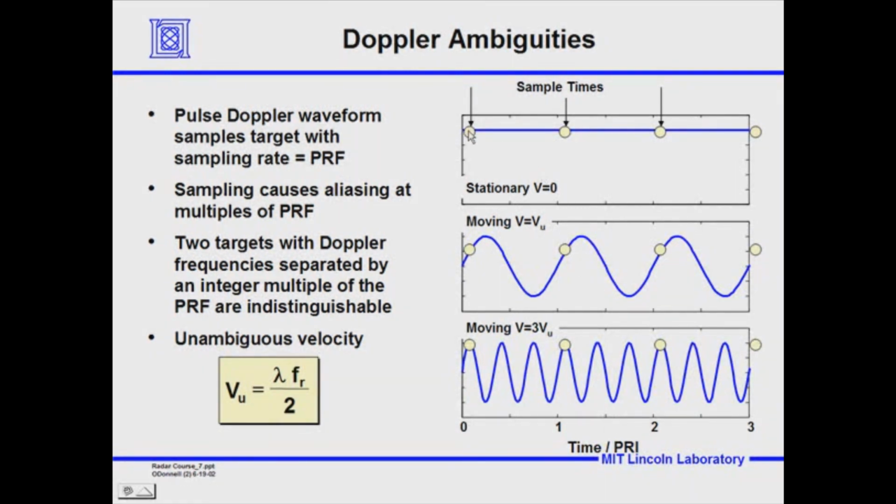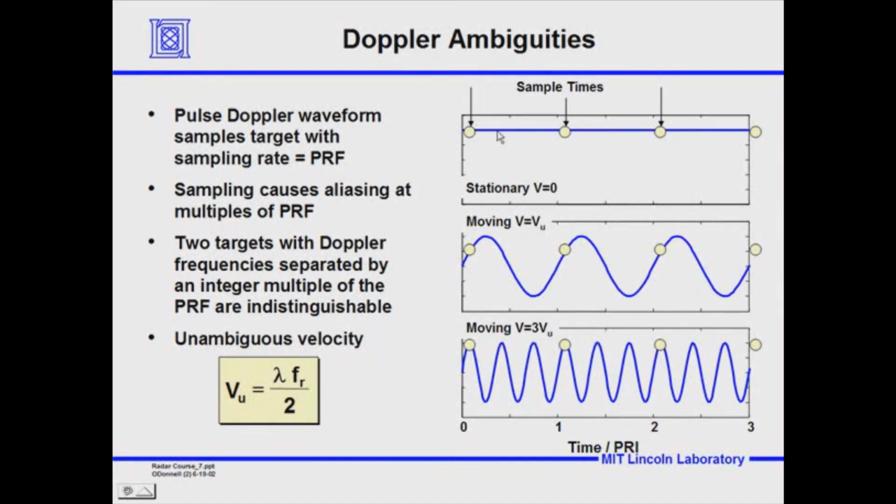Okay, and we sample at once every PRF. So say the radar was transmitting pulses at a kilohertz, an order of magnitude for an SBN radar, that's 100 miles an hour.